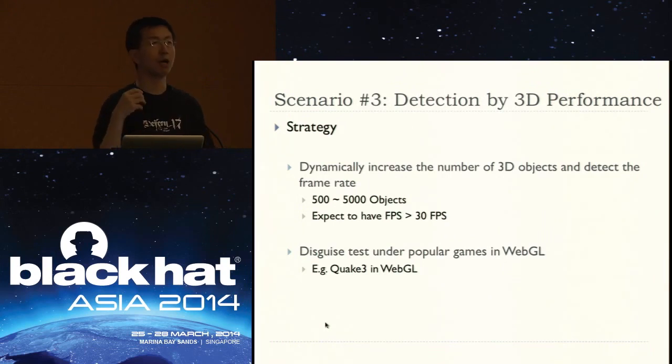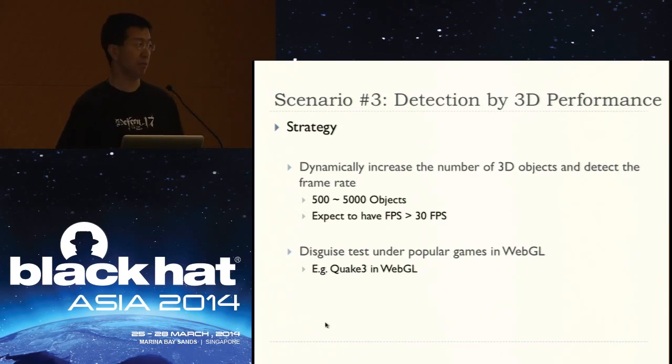Now, if the other side reports back that they can support a few thousand 3D objects and still keep 30 frames per second, we can be pretty sure that it is a physical host machine running all this.